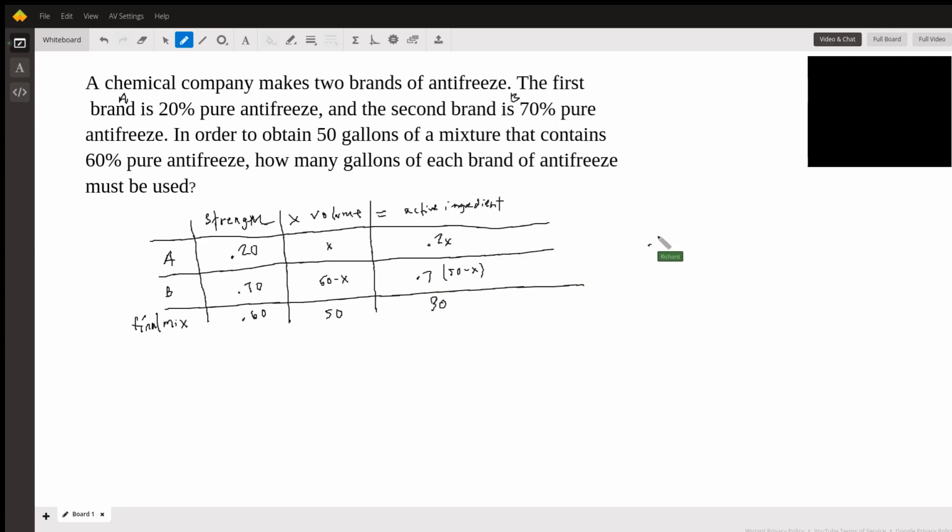So this is easy algebra here. We just set up that equation. We'll distribute the 0.7.